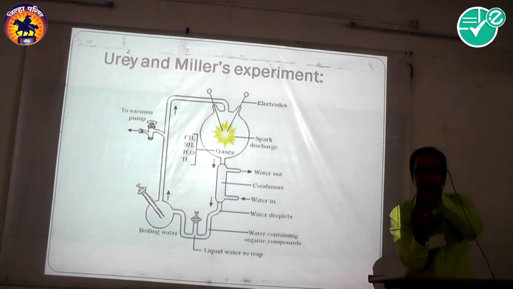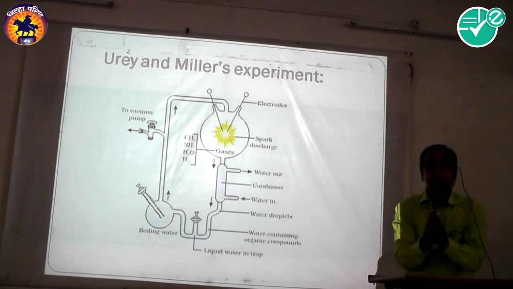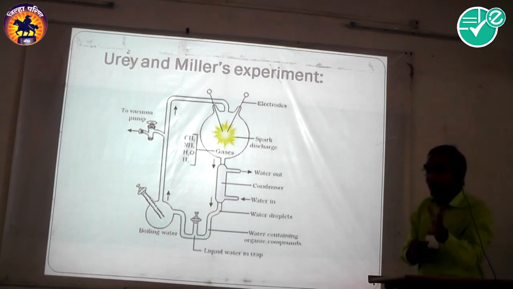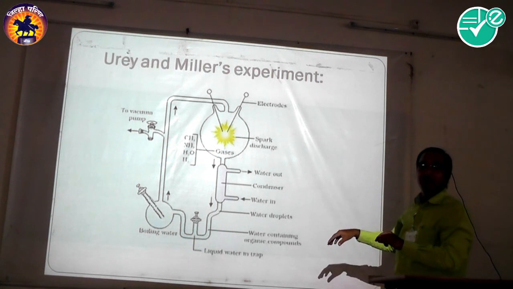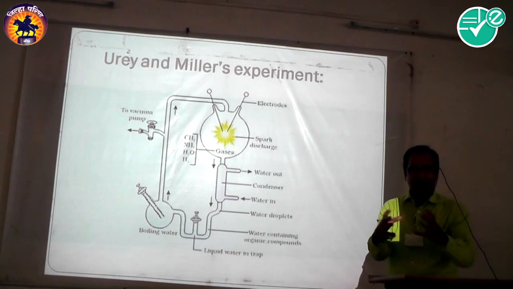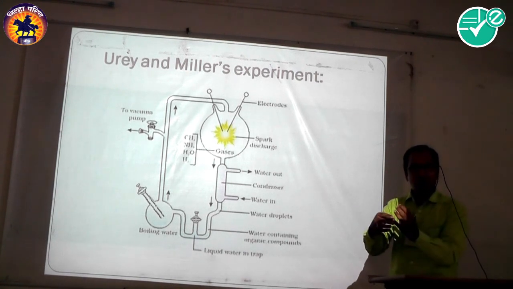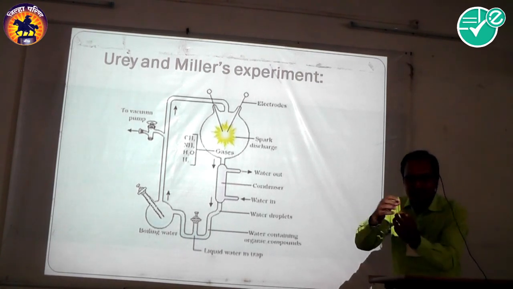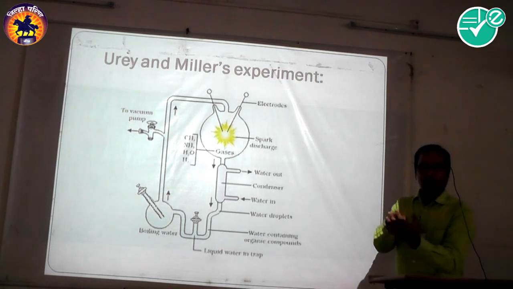So there is continuous sparking and lightning, and this lightning simulates the effect of lightning in the prebiotic atmosphere of the earth. This is the free source of energy. Due to that free source of energy, all these gases get intermixed with each other: water vapor, methane, ammonia, hydrogen.